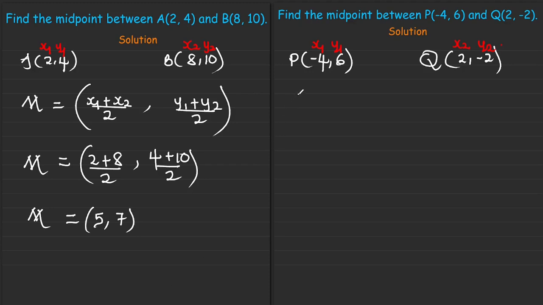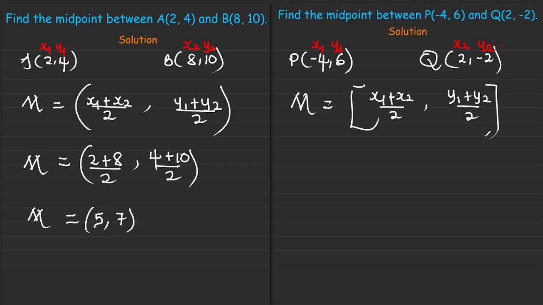And we know the formula for the midpoint is given as x1 plus x2 all over 2, and then y1 plus y2 all over 2. That is, we are finding the average of the sums of the coordinates.